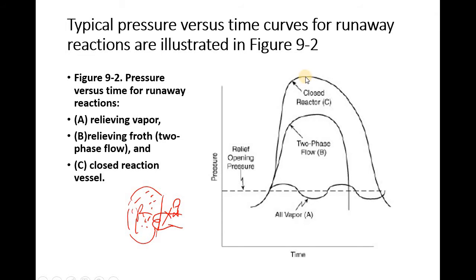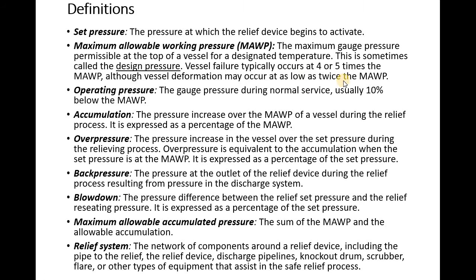If I have input, that could be dangerous as well. But if I talk about a closed reactor where there's no input, the material finishes, so eventually the pressure will go down. But if you're talking about a reactor with continuous reaction, that could be dangerous, and that is not a response that we would expect. It will be higher and it could blow.